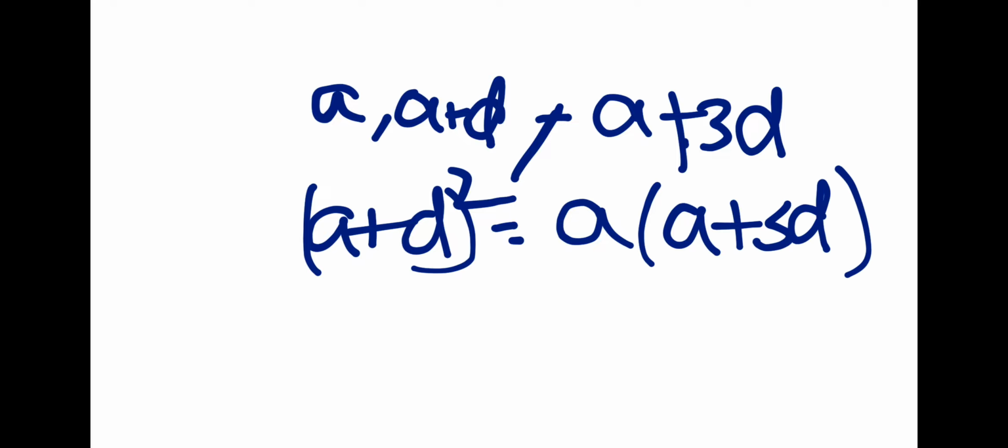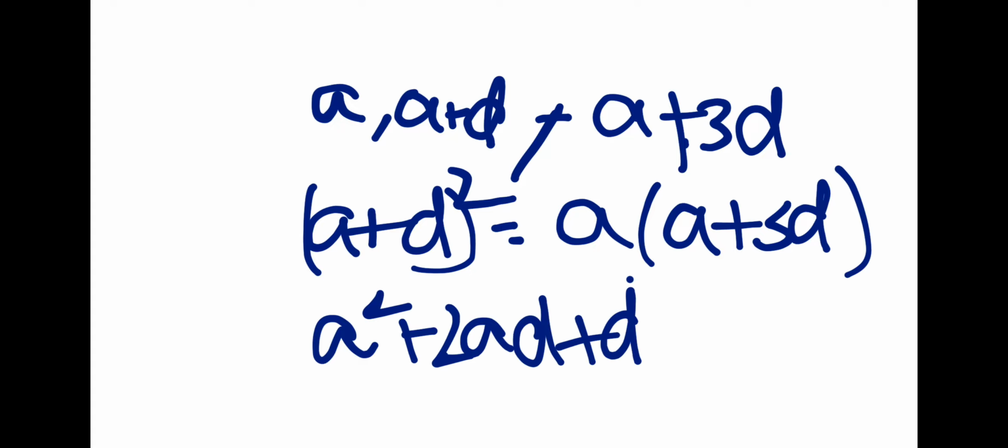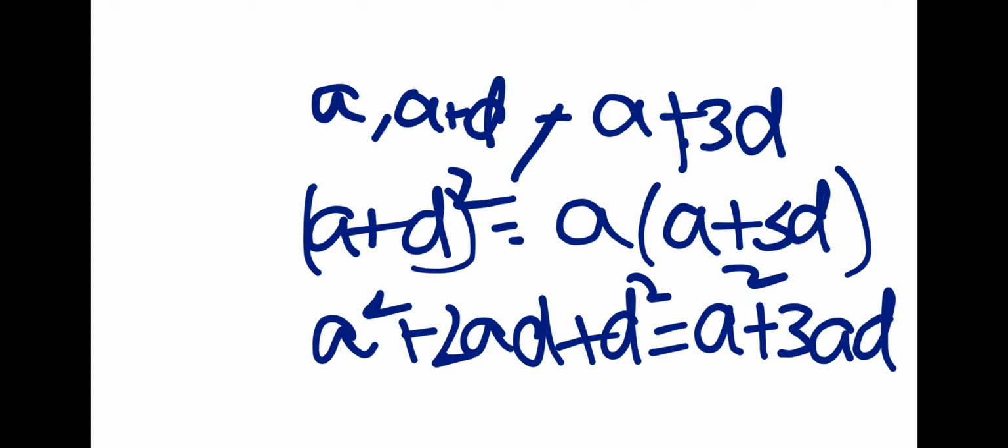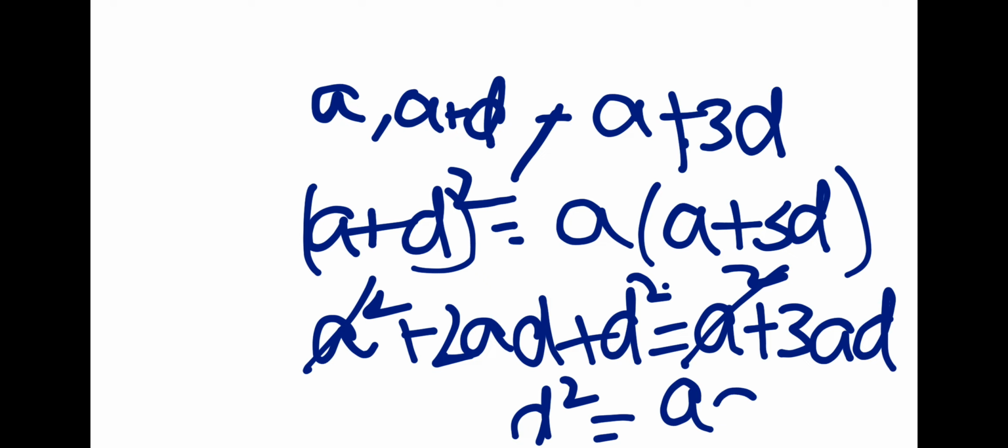If you calculate this, you'll get A square plus 2AD plus D square is equal to A square plus 3AD. A square gets cancelled, and D square is equal to 3AD minus 2AD, which is AD. D square is equal to AD.